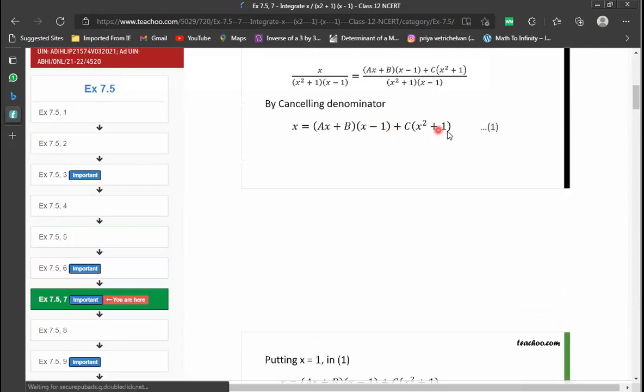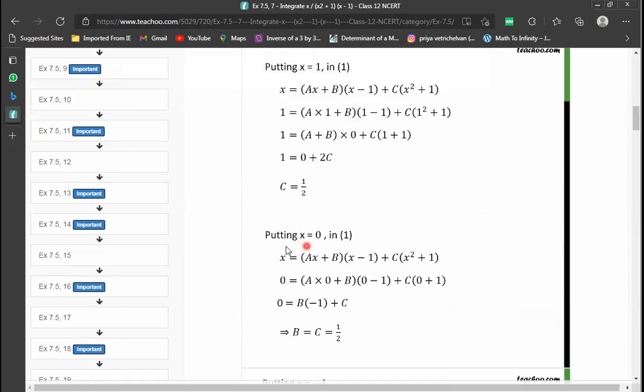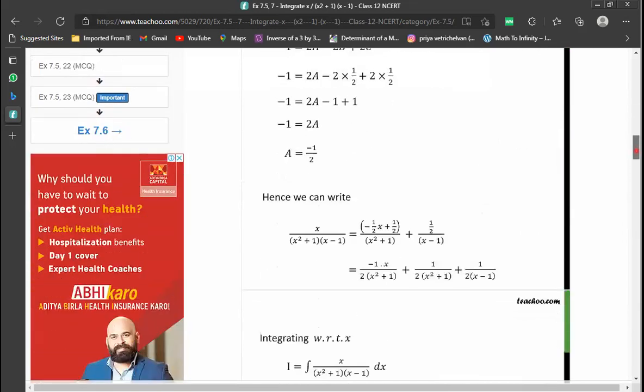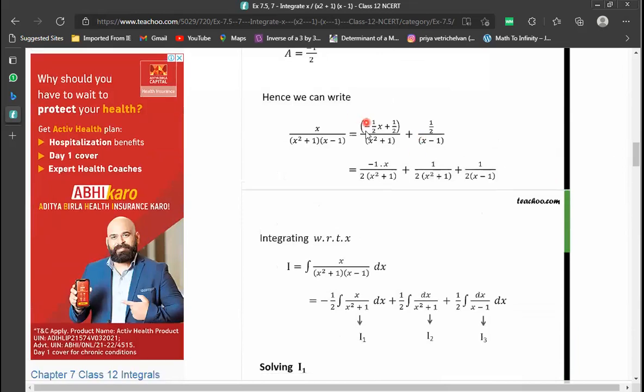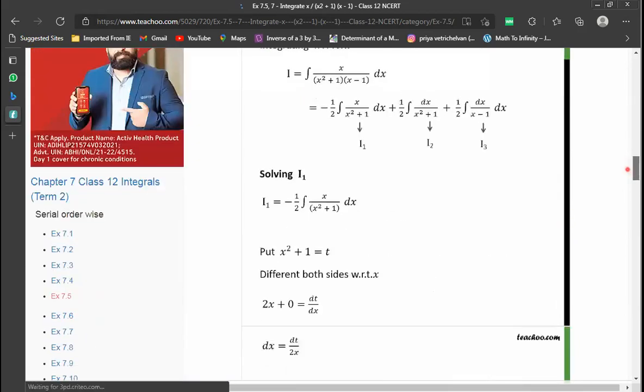You have only minus 1 and plus 1. So for finding the third value, you can use 0 also. You can substitute x as 0 for finding the third variable value. So after finding the values of a, b and c, you just substitute in the very first equation, and then you perform integration.